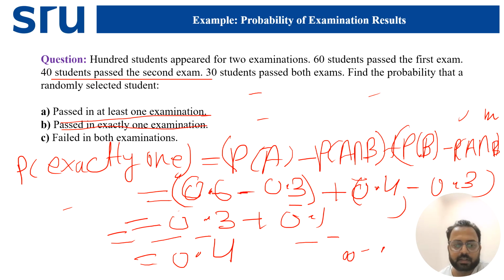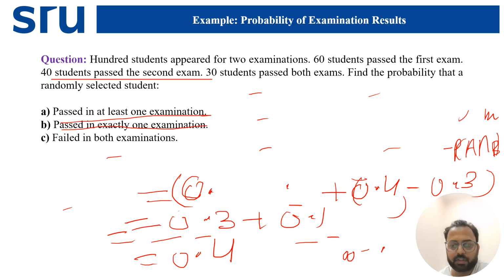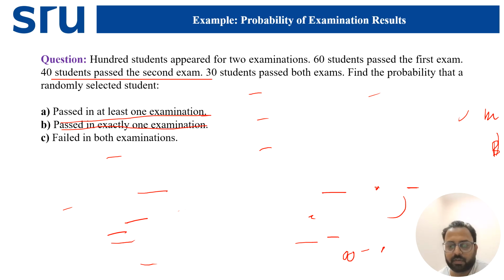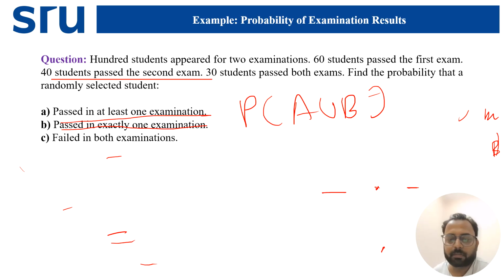And the third task is failed in both examinations. Failed in both examinations means we have to take the complement of A union B, because the probability of A union B represents passing at least one.